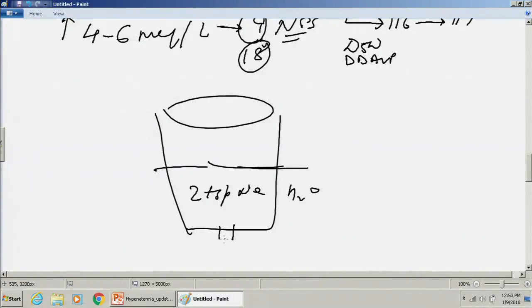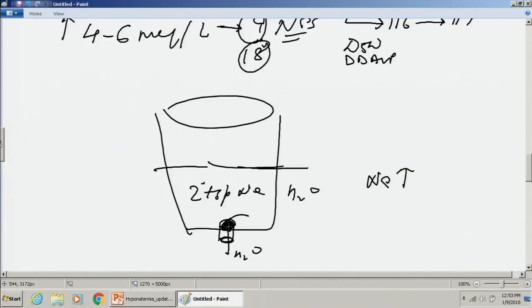And say I have a little leak valve which is able to let only water come out, not the salt. Okay? In that case, my sodium concentration is going to go up. Make sense? Okay? So what DDAVP does is it puts a stopper on this valve.